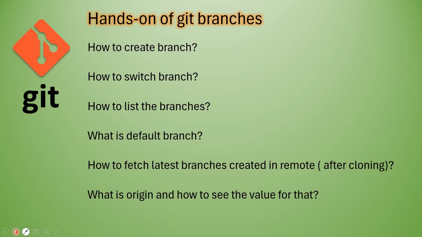Imagine you clone the repository today, and after cloning, somebody creates a branch as we discussed. Then that branch has to be available in your local. How to do that? Then, what is origin? This is the main terminology, and we will use it most of the time. So we will see what origin is, how to see the value for it, and why it is so important. Let's start one by one.